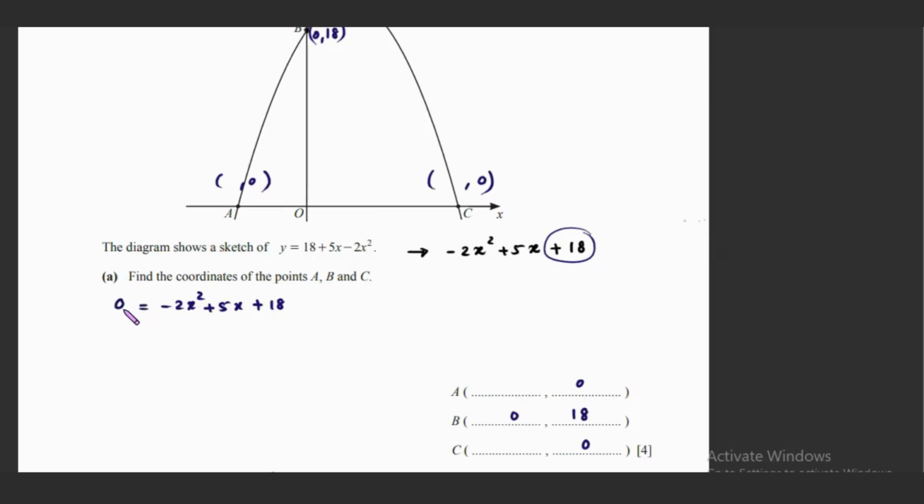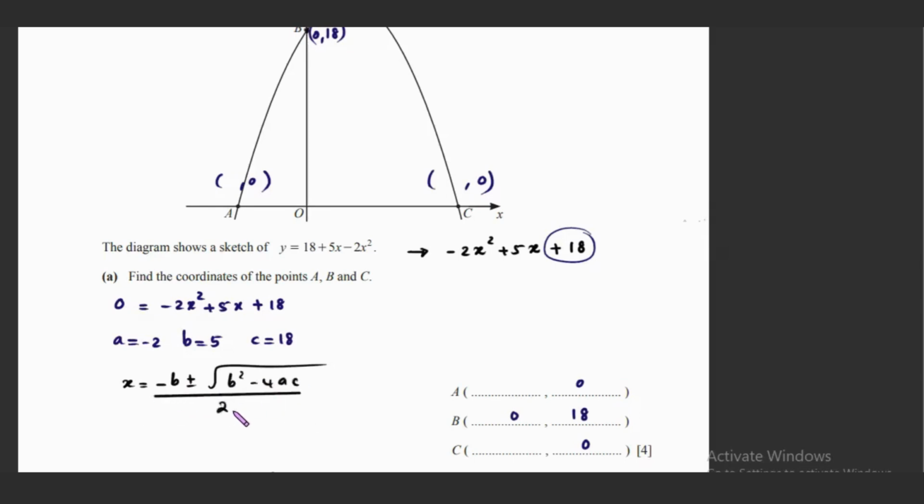So we are going to solve this to find A and C. Here the value of a is negative 2, b is 5, c is 18. I'm going to substitute this into the quadratic formula. So it's going to be minus b plus minus the square root of b squared minus 4ac over 2a.